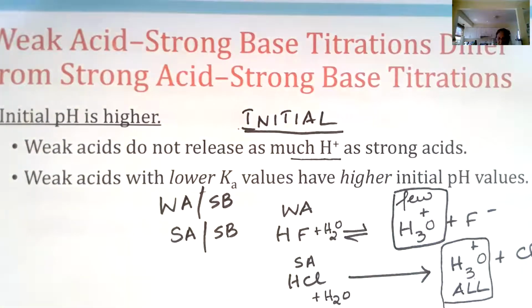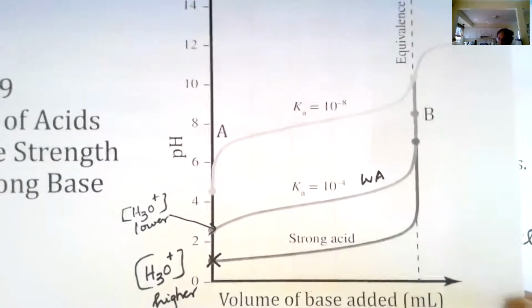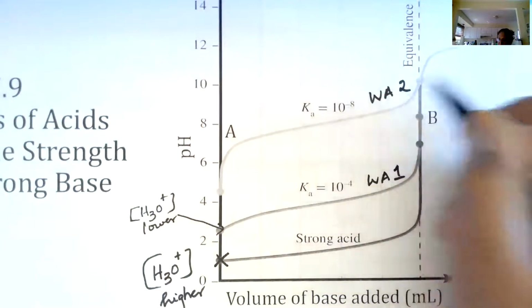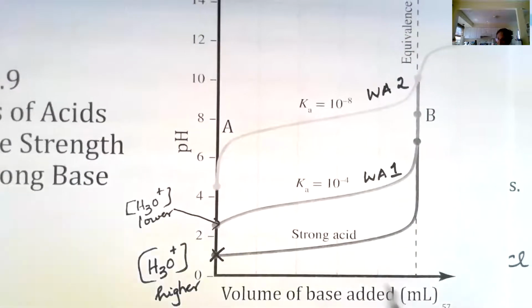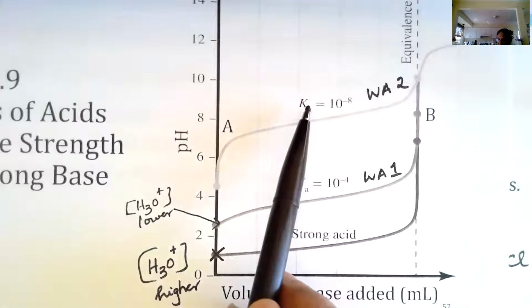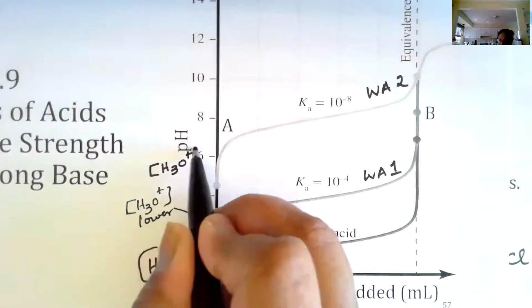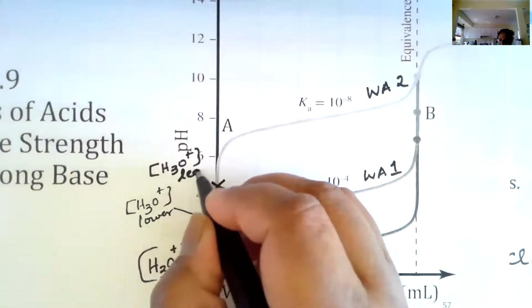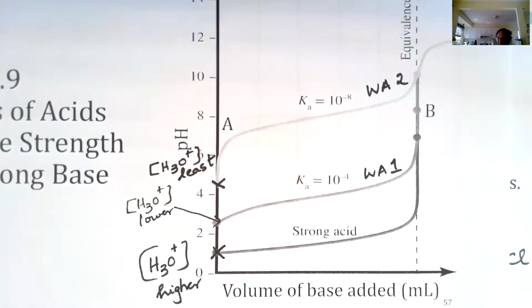Now, I'm going to take two examples of a weak acid. This is weak acid 1, and this is weak acid 2. So this has a higher Ka than that weak acid. So initially, the concentration of H3O plus for weak acid 2 is going to be even smaller. So it's going to release very few H plus ions.